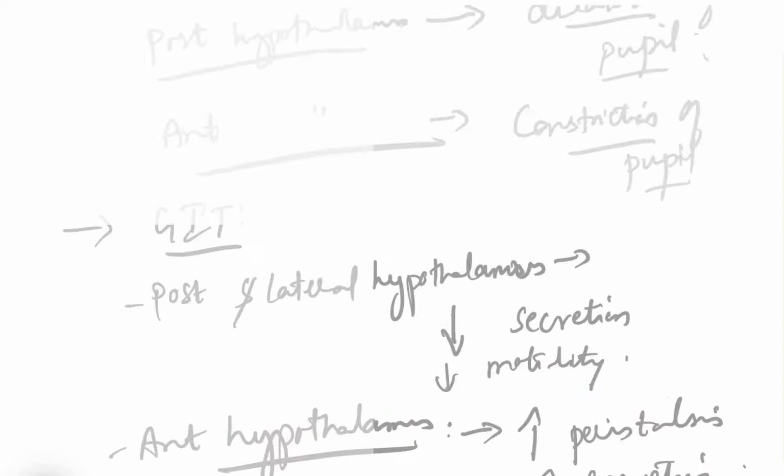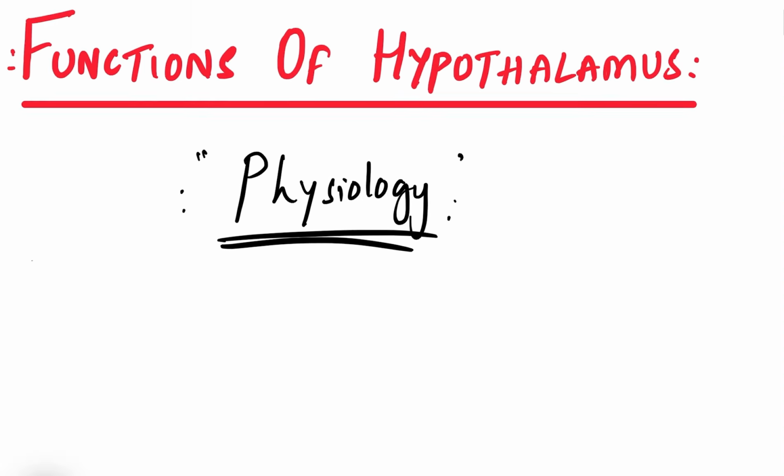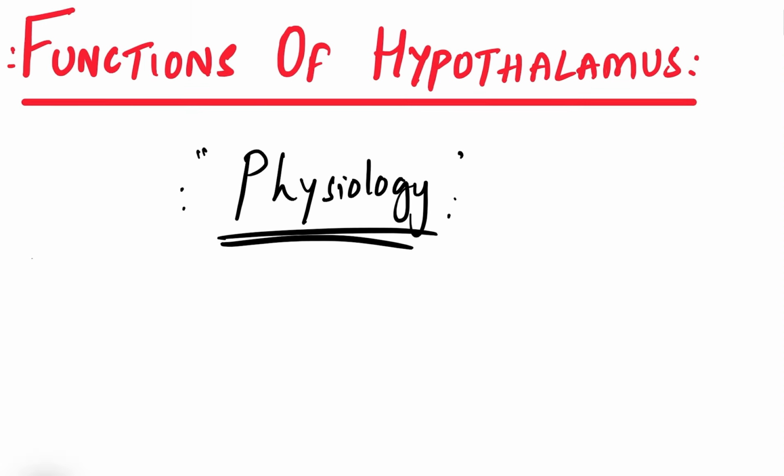We have discussed various important functions of the hypothalamus. So let us revise what we have discussed today. We have discussed the physiology or the functions of the hypothalamus. Mainly, it controls the autonomic functions.